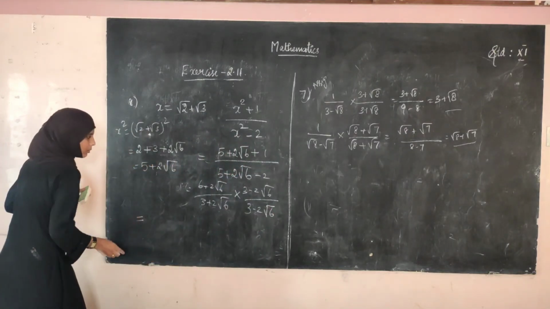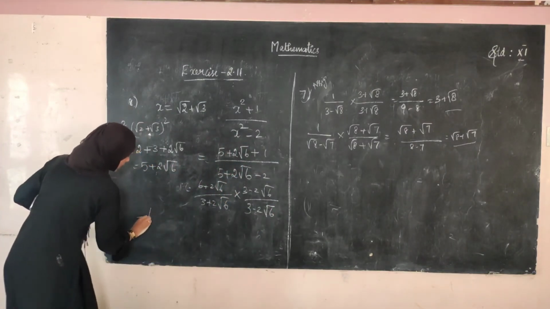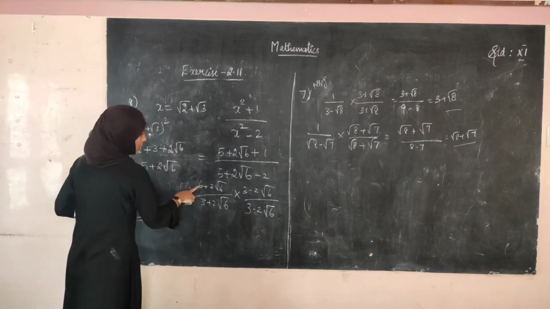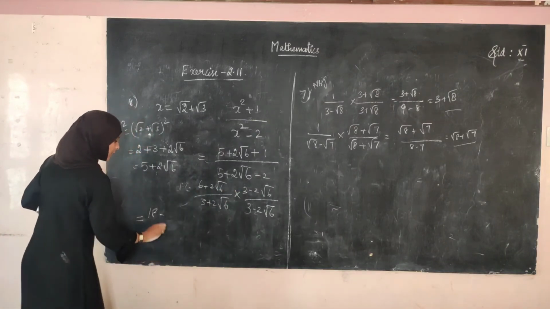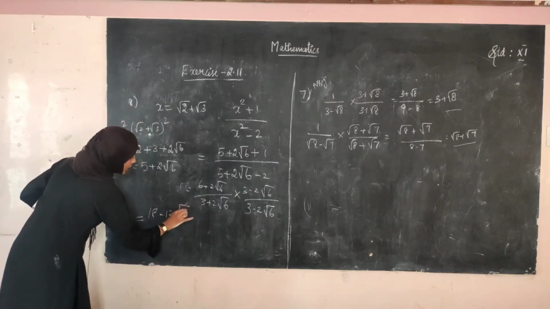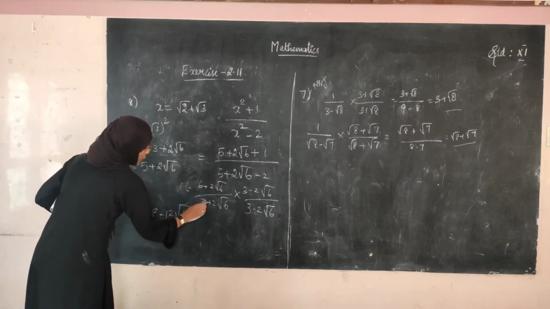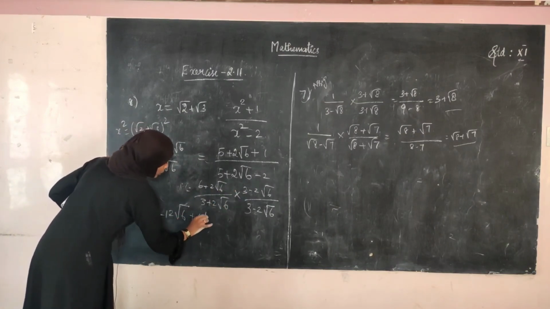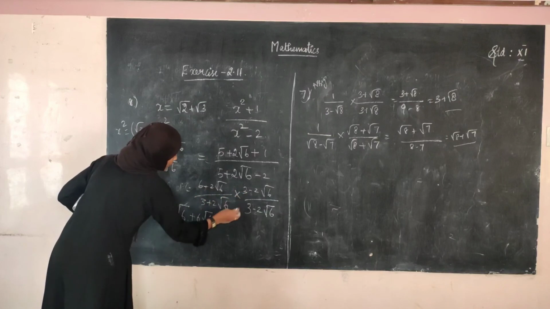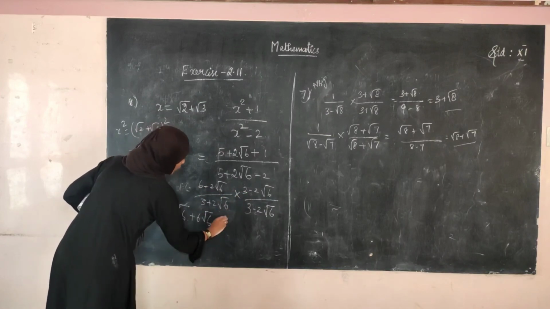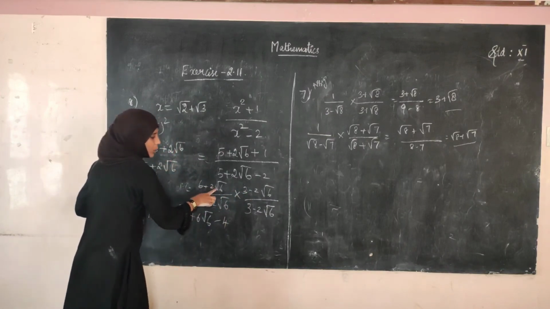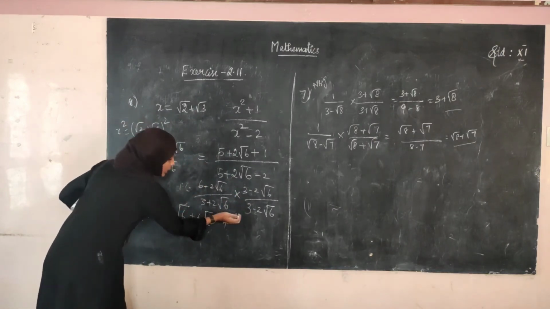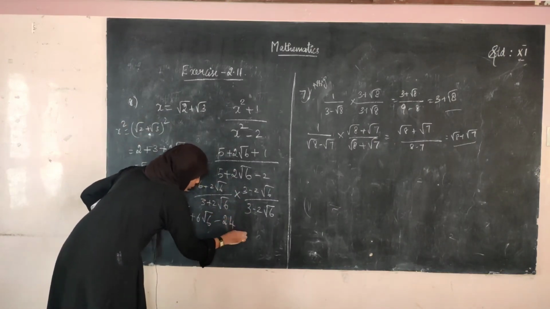6 into 3 is 18. 6 into minus 2 root 6 is minus 12 root 6. And in this term, 3 into 2 root 6 is 6 root 6, and plus 2 root 6 into minus 2 root 6 is minus 4 into root 6 into root 6, which is 6, so 4 into 6 is 24.